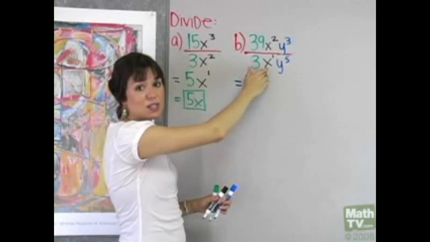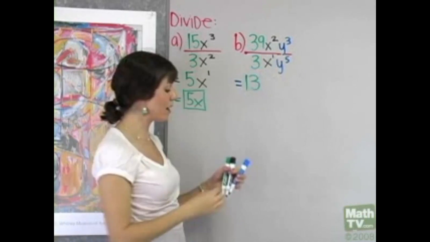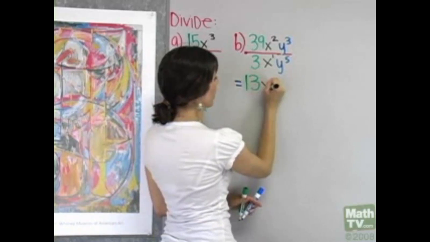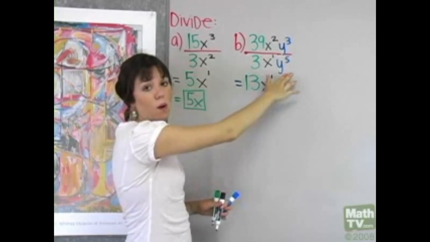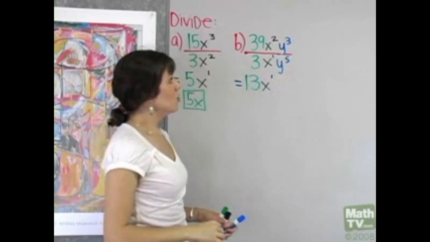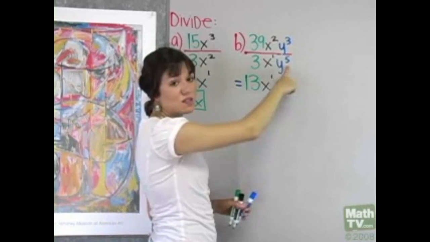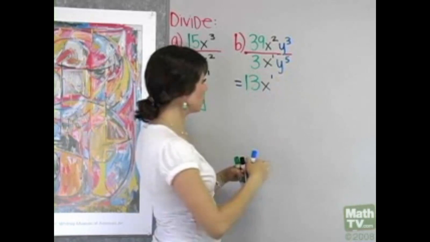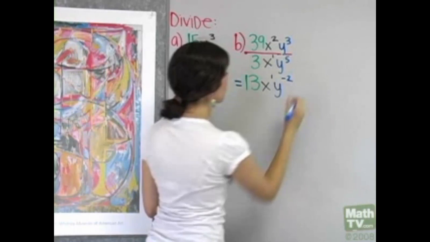So we're dividing, so we want to subtract the exponents. 2 minus 1 is 1, so x raised to 1. And then y cubed divided by y to the 5th. We want to subtract the exponents. So 3 minus 5 is negative 2. So y raised to negative 2.